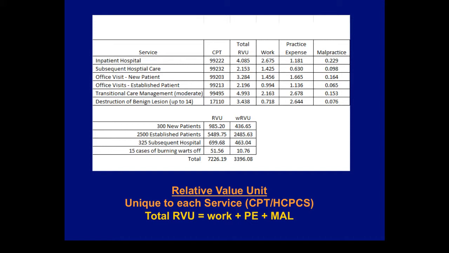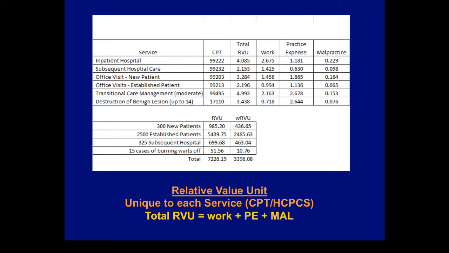When you always go in and they say, I saw a patient, you saw a patient, we're equal. No, because if I saw a new patient and say I did a level 3, my work effort as a nurse practitioner is going to get a value of 1.456. If you saw a patient as an established patient, you get a value of 0.994. Well, you can say, okay, great, so what does that mean?